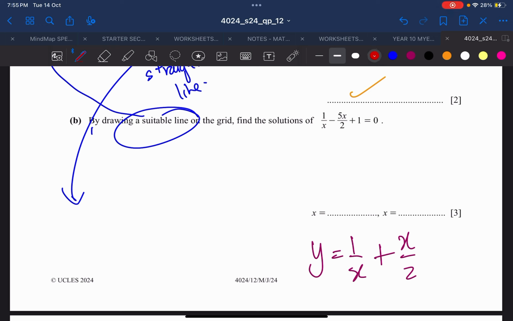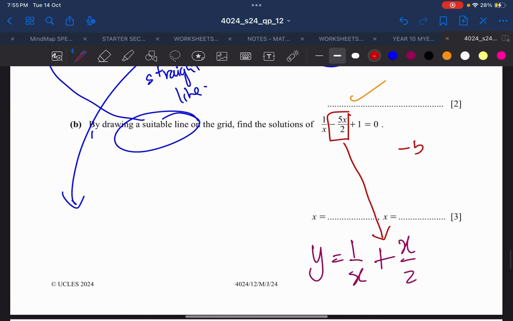Second is this one, minus 5x over 2, which we want to turn into x over 2. We want to eliminate the minus 5 and make it 1. The rest is okay, x over 2 is there. So we want this minus 5 to become 1.